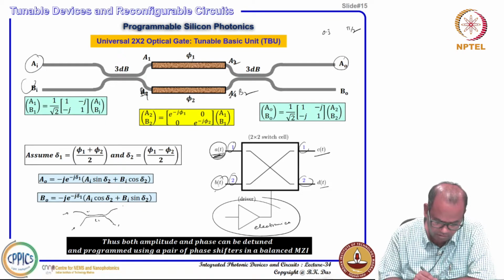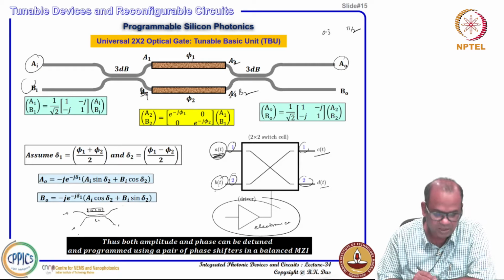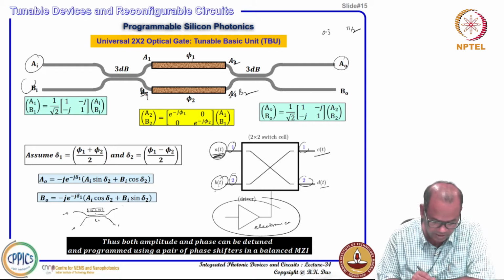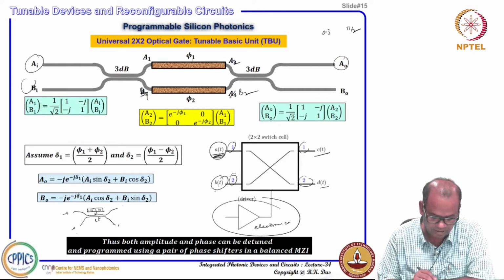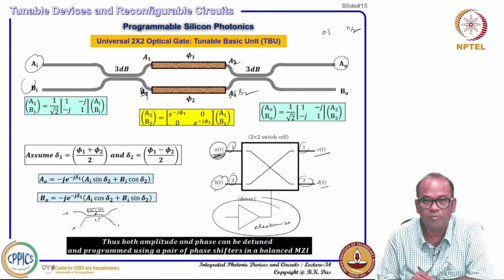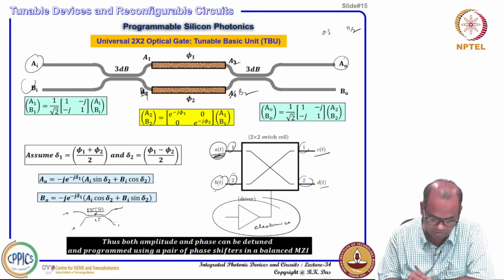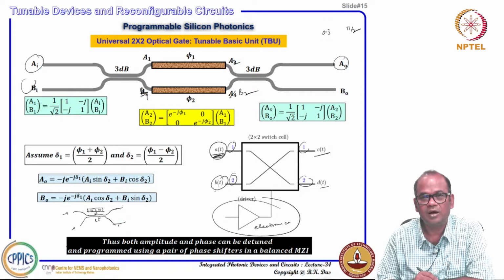But what you could do is have a phase shifter here. This phase shifter can be a thermo-optic phase shifter, which can affect the closest waveguide more compared to the farthest waveguide. So, if you control the phase of one of the coupled waveguides, then you can control amplitude as well as phase at the output.